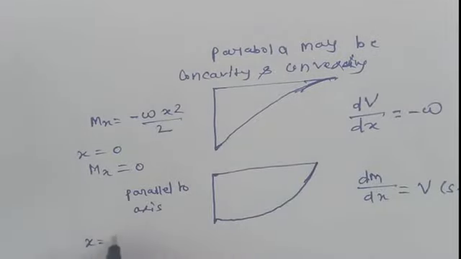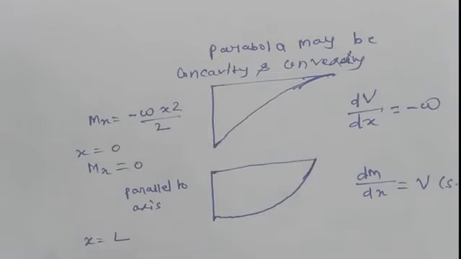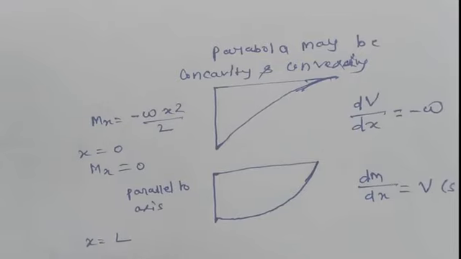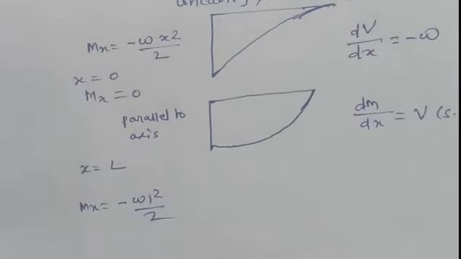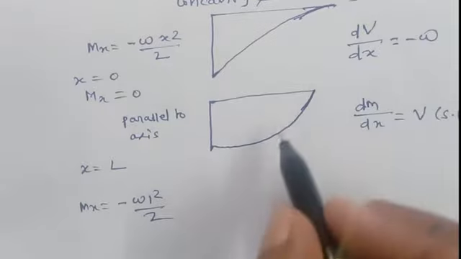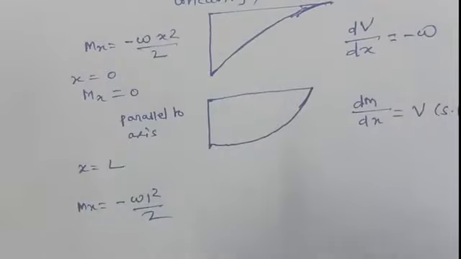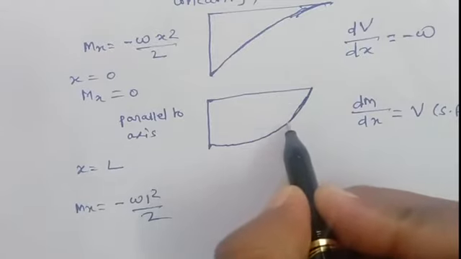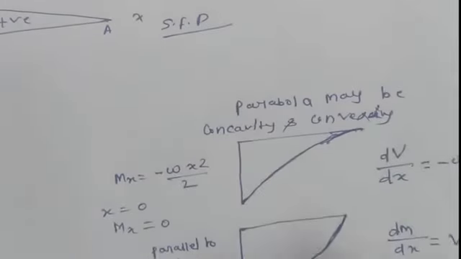Similarly, if you put x equal to L, it will be minus WL square by 2. So the bending moment is increasing continuously in the first case, while in the second case it increases and then decreases. So among these two diagrams, the first one is suitable.